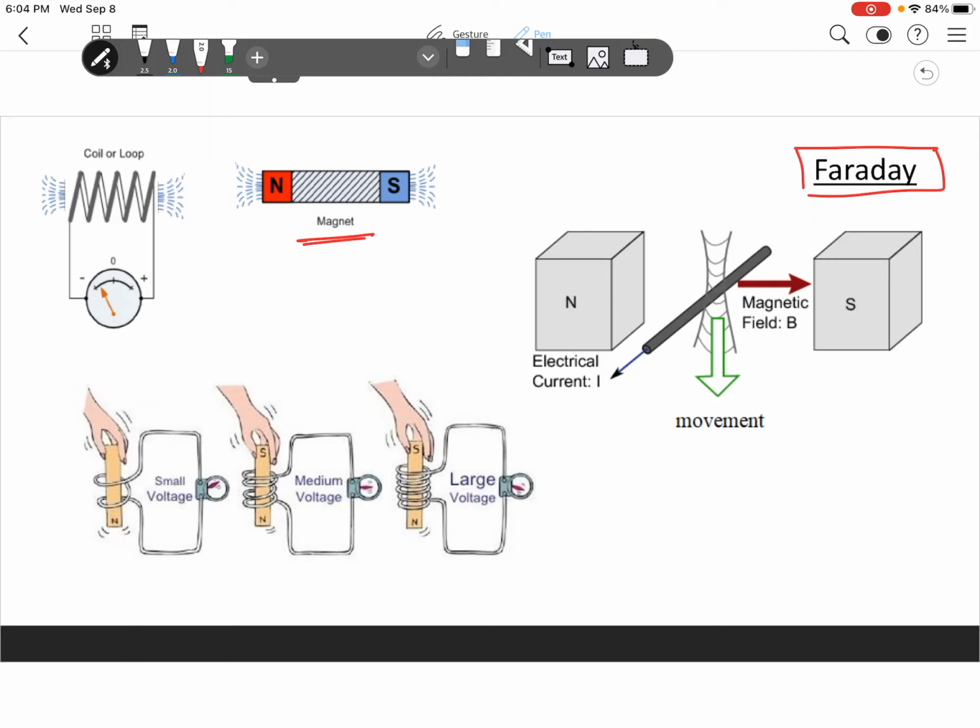We've seen it so much, and we know that it's basically having magnetic field and magnetic flux lines coming from the north pole going back to the south pole. Okay, Faraday has just seen this.